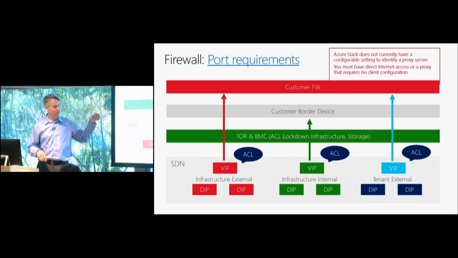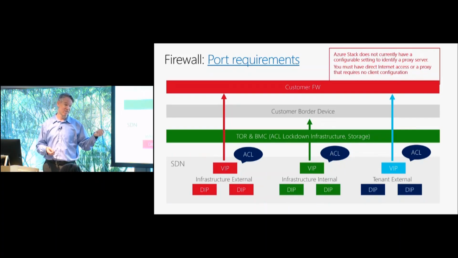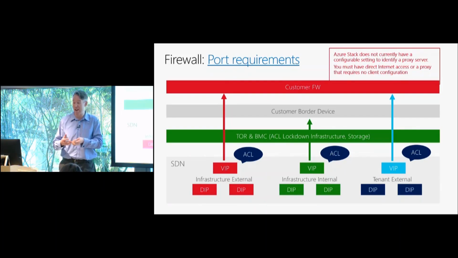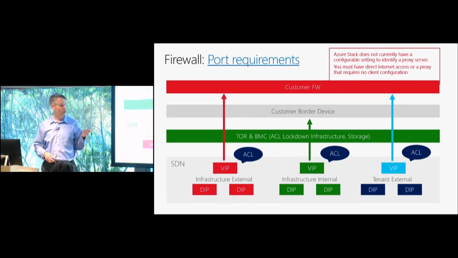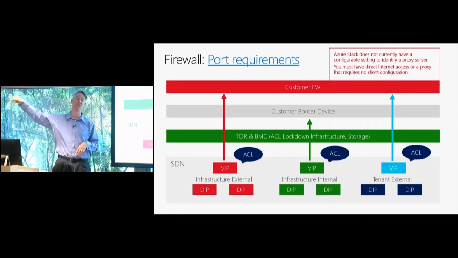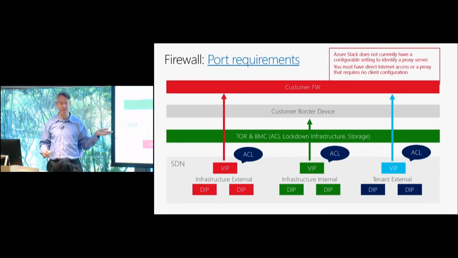If the network that you're connecting to requires all traffic to go out through a proxy, and it's not a transparent proxy, like you have to configure it in your browser to get out to the internet, that's not going to work today with Azure Stack. So Azure Stack doesn't have any idea of how to configure an explicit proxy to say, hey, when I go to the internet, I want to send traffic here first, and it'll send it out on my behalf. So for Azure Stack, you need to have a transparent proxy. In other words, just something inline on the network.